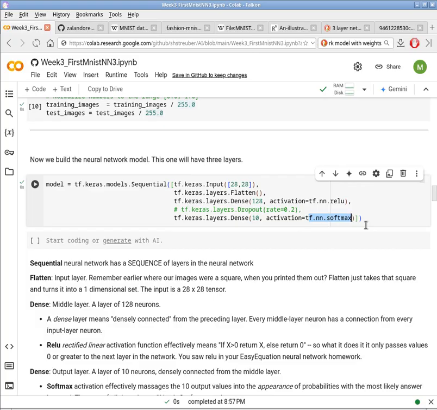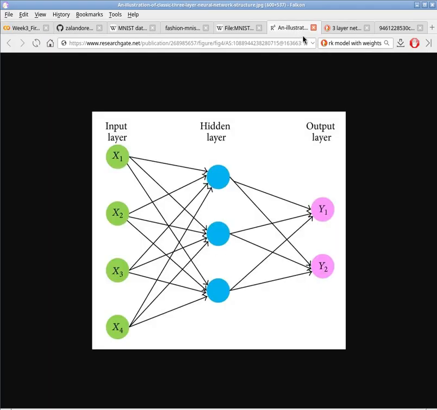But the other thing about softmax, which is interesting, is that all of the output neurons are going to communicate with each other. So if we go back to this picture over here, these output neurons all talk to each other so that in aggregate all their outputs add up to 1. So it's not like each neuron is operating individually.